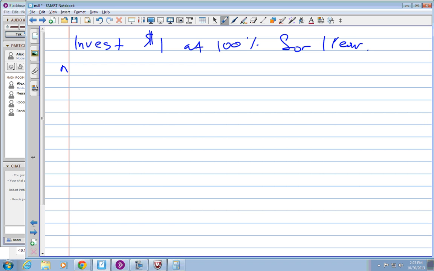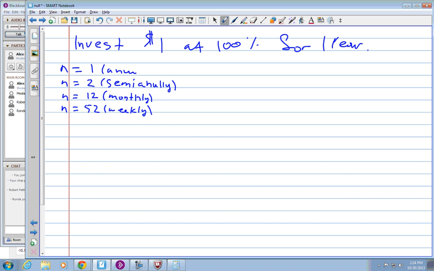So if I do n equals 1, n equals 2, that means semi-annually, right? So every 6 months, and this is annually. n equals 12, that's monthly, n equals 52, that's weekly, right? I can do just n equals 100, just whatever, just decided to do it 100 times, okay?